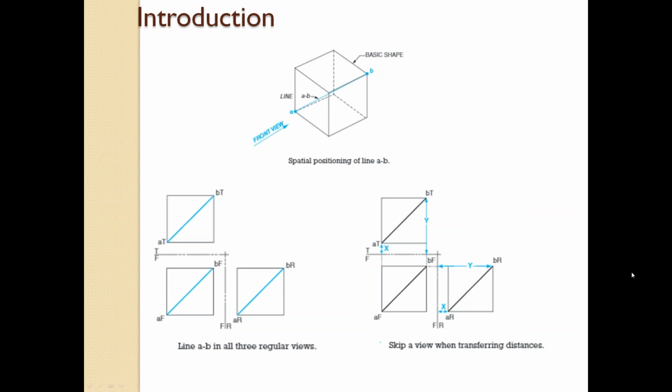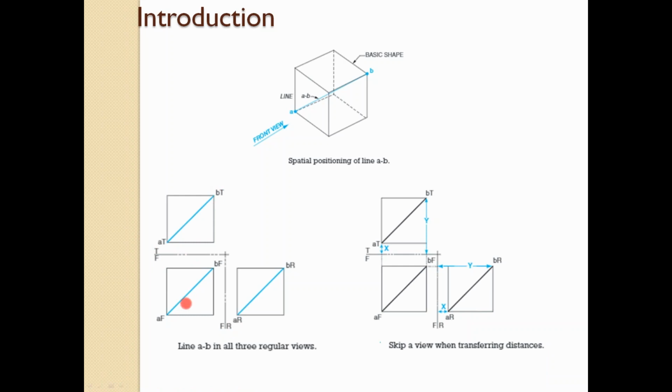So, the spatial positioning of a line AB. Let's say for this example we have point A to B. In order to show where this line is, you would start with the top view, front view, and your right side view. In your top view, you label them AT and then BT.